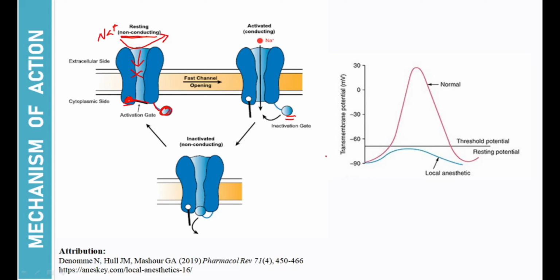This is the charge difference across the membrane, comparing the charge on the cytoplasmic side with the extracellular side. Generally, the resting membrane potential in nerve is between -90 and -60 millivolts, because in the resting condition sodium cannot come inside.